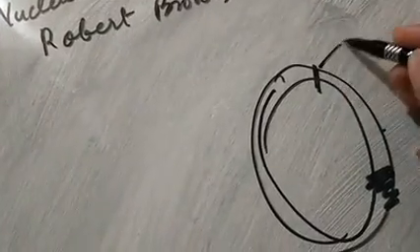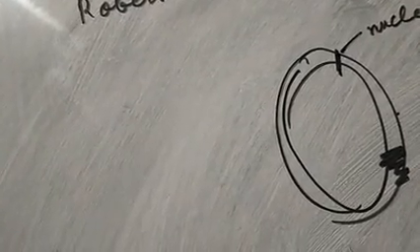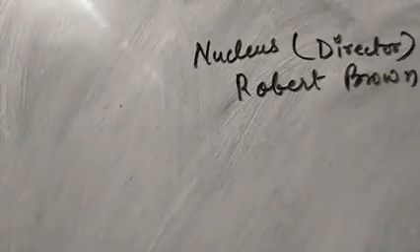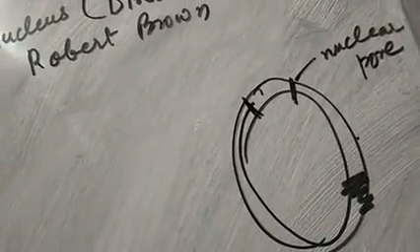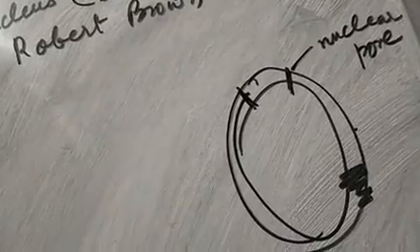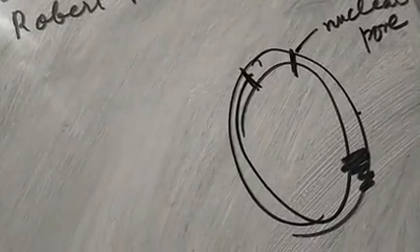We call these fused parts the nuclear pores, so that materials can pass through them. The movement of RNA and protein molecules takes place in both directions through the nuclear pore.